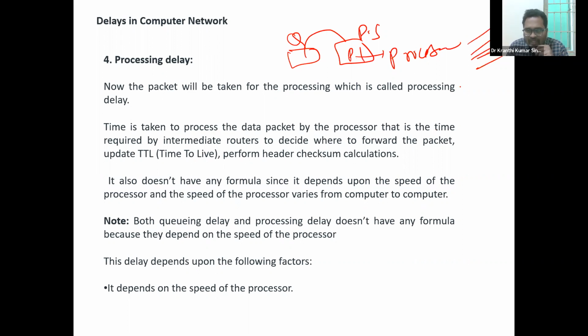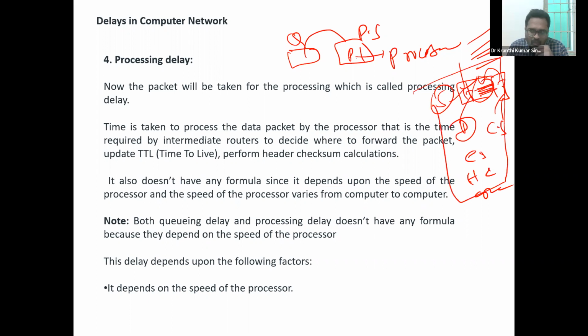It opens the packet, which contains a header, that is, the source and the destination, and a trailer part. By applying a checksum or error detection and correction method like Hamming code or CRC, it calculates and compares to check whether the data is correct or not. For all these things the processor takes some time. That time is called processing delay.